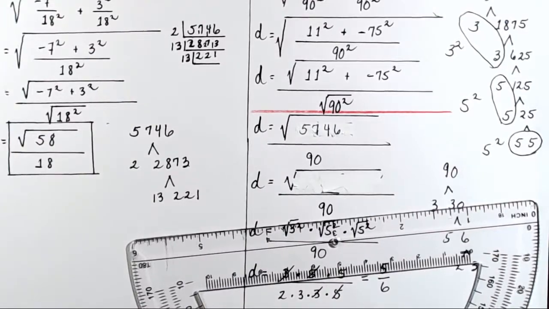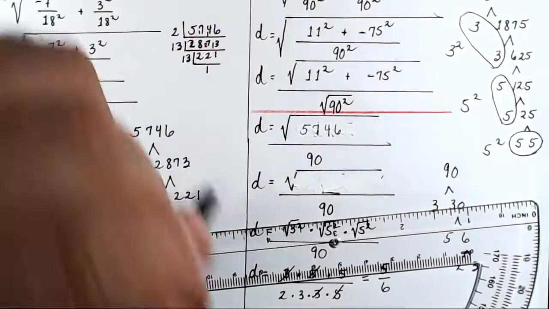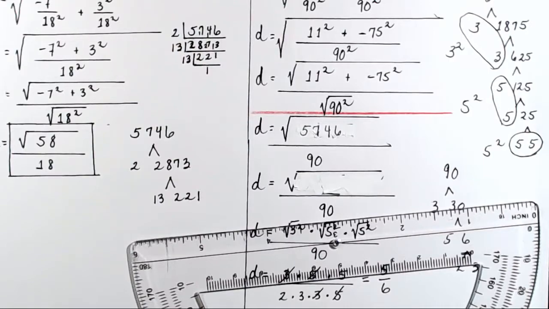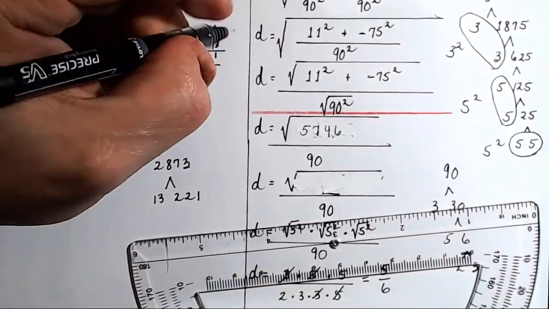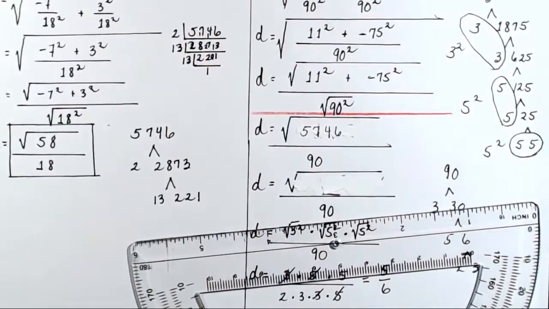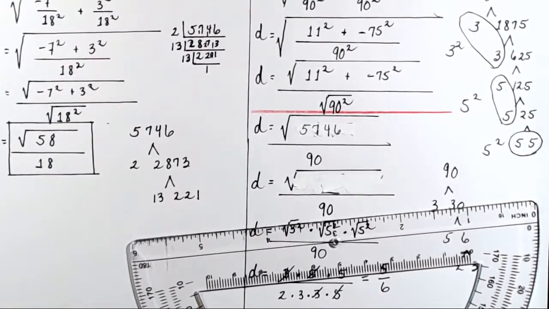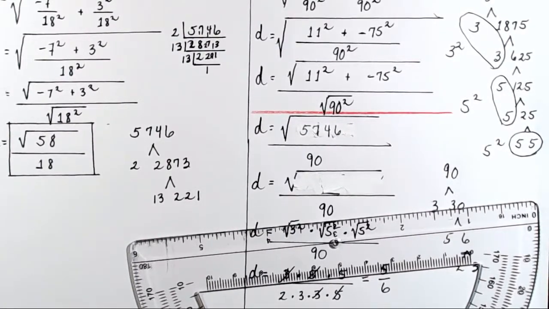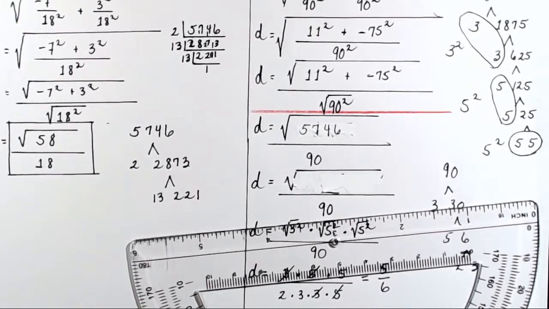13 goes into 22 once, and that leaves behind 9. So 91. How many times does 13 go into 91? 13, is it 7? What is 13 times 7?